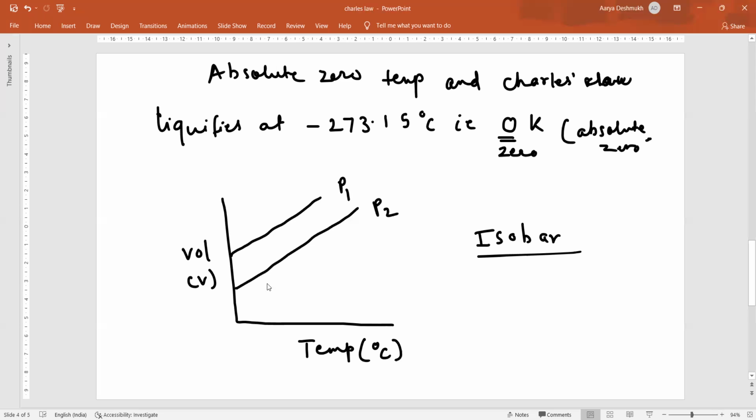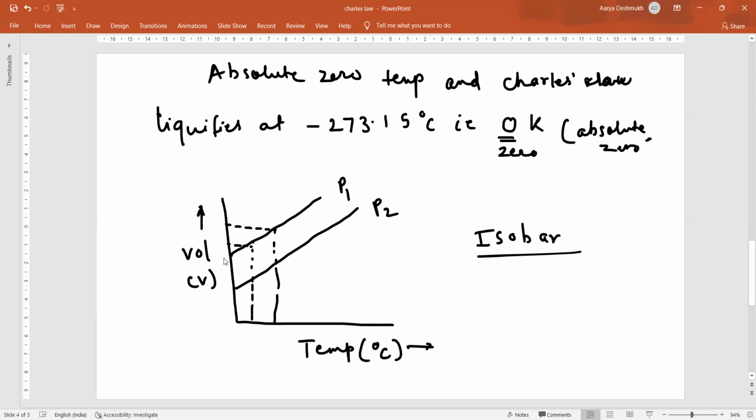From the nature of the graph, you can see that as temperature increases, volume also increases. Again, if you increase the temperature, volume will again go on increasing and so on. So this is about isobars. Such a graph is called an isobar.